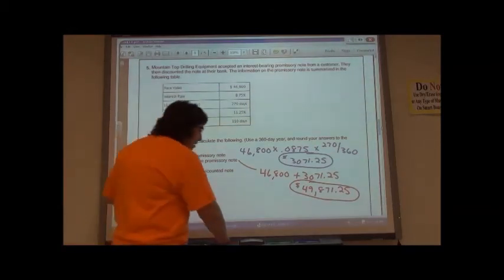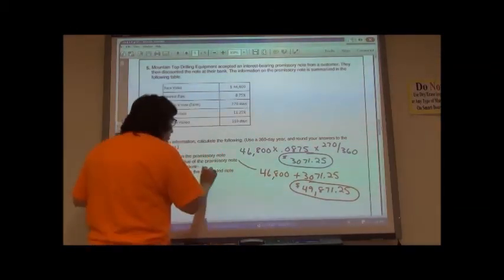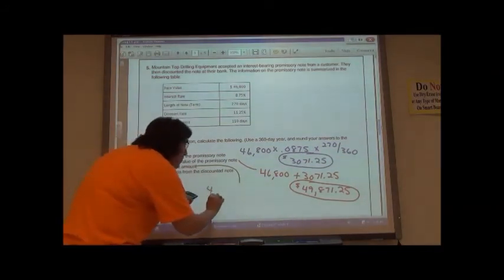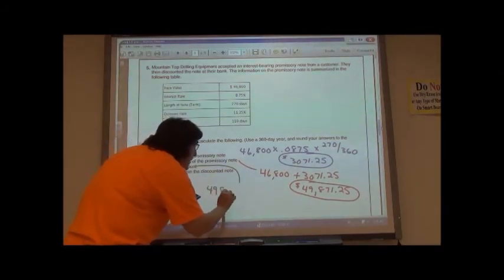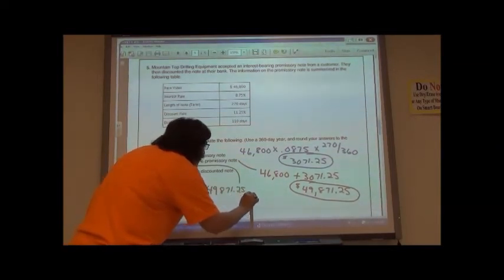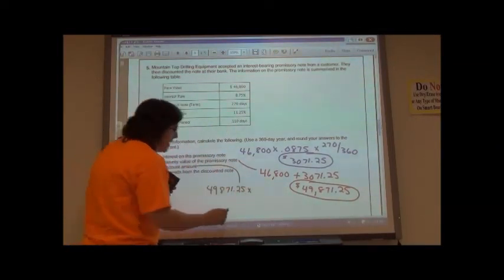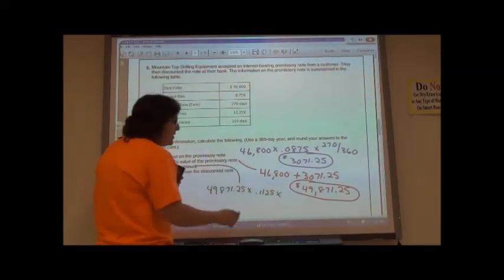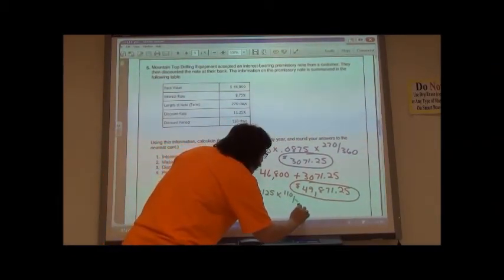I'm then going to discount that promissory note. So for the discount amount, I am going to do the value of my promissory note, $49,871.25, times the discount rate, 11.25%, times the time of the discount, 110 over 360 then.